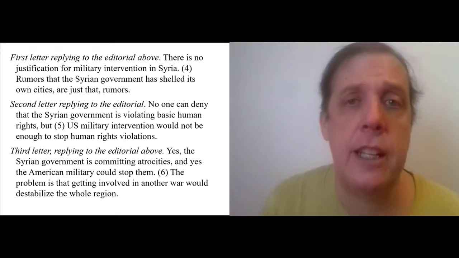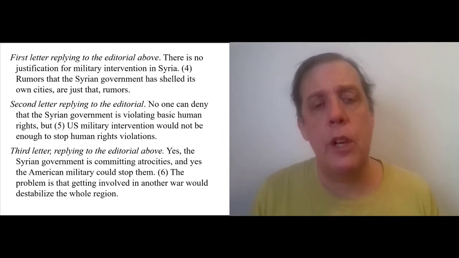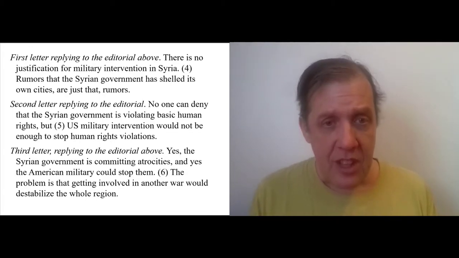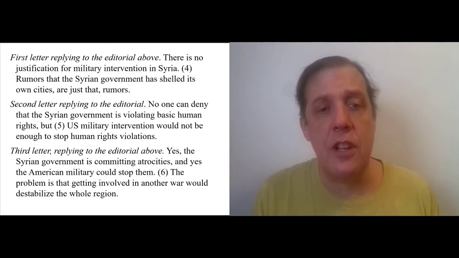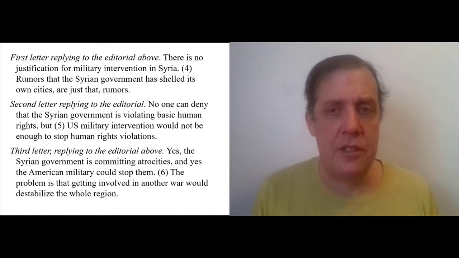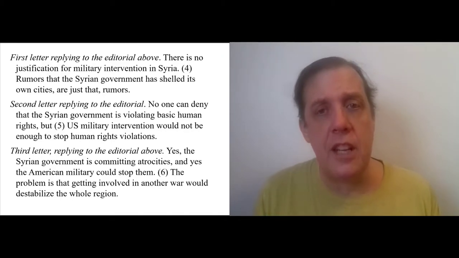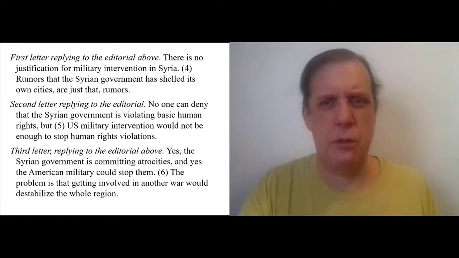And this means that it is an attack on the inference. We can throw in a third way of arguing against it. Yes, the Syrian government is committing atrocities, and yes, the American military could stop them. The problem is, statement 6, that getting involved in another war would destabilize the whole region. That part, I think, turned out to be true.